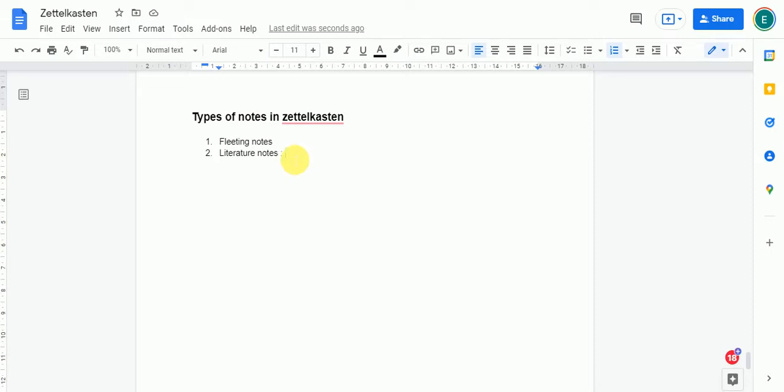So basically, these are conclusions, summaries, or briefs about anything that you've consumed, and this is what you make out of it. You write it in your own words, but basically it is a summary of something else. This would be considered as literature notes.